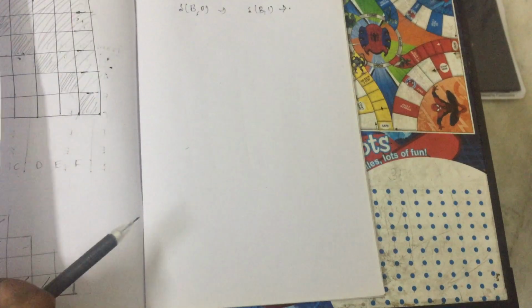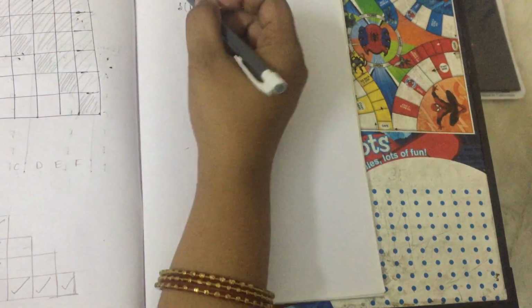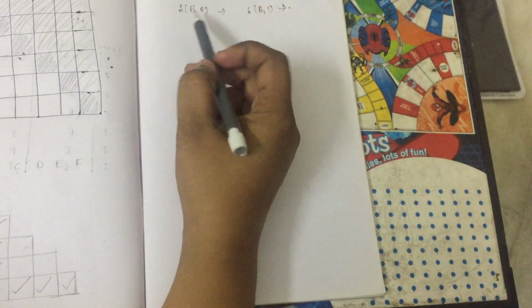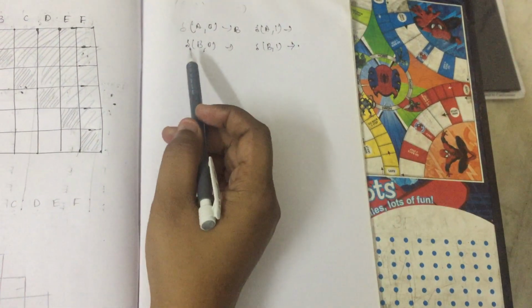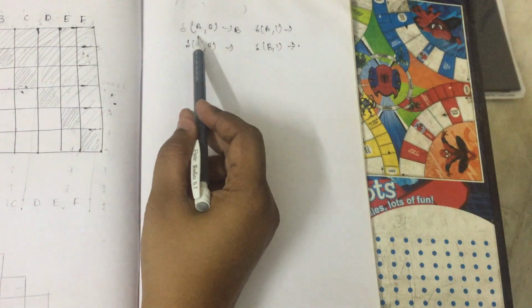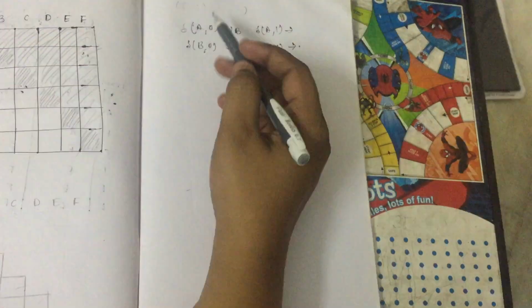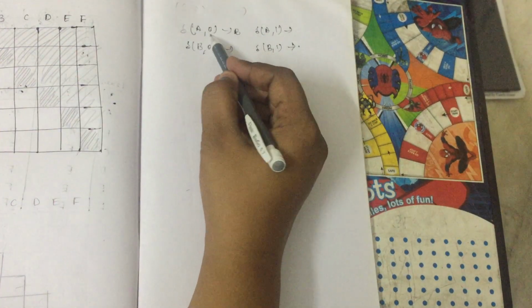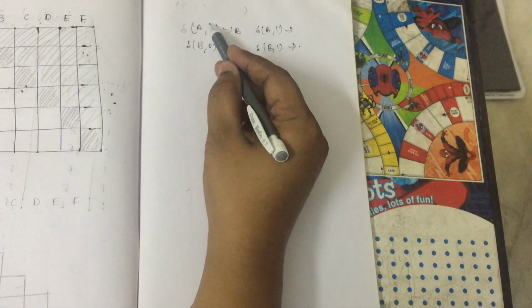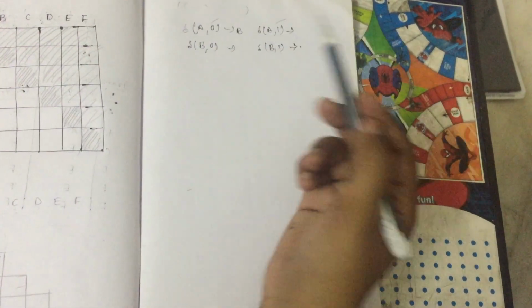If we start with the states AB, we need to find the transition functions. We need to find the transition functions with both the input symbols, input symbol 0 and input symbol 1.